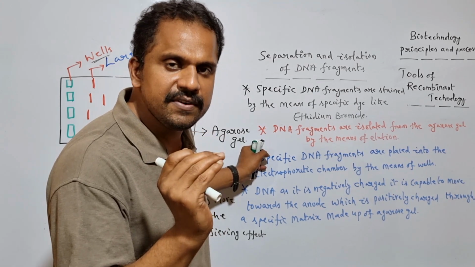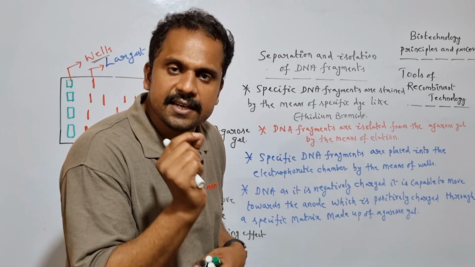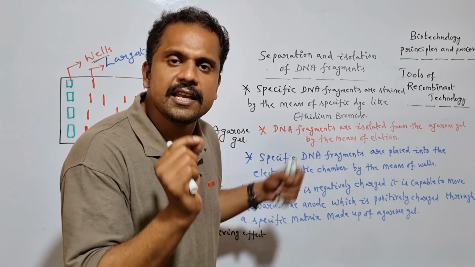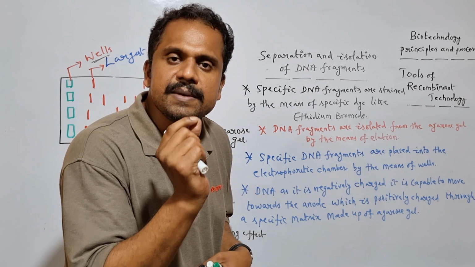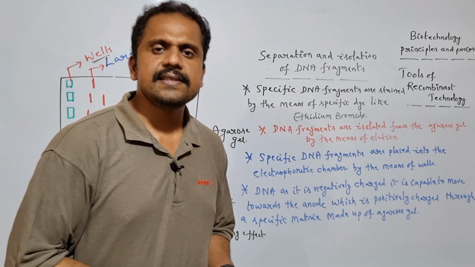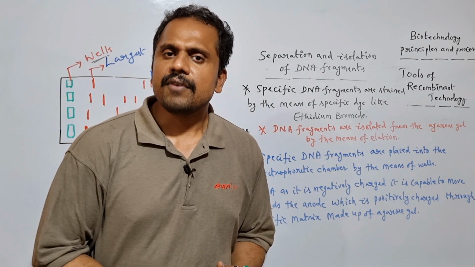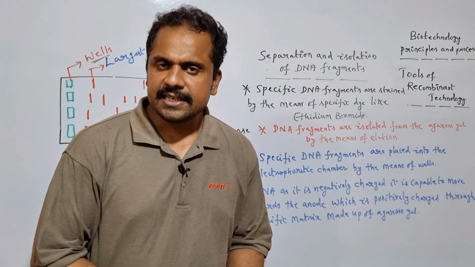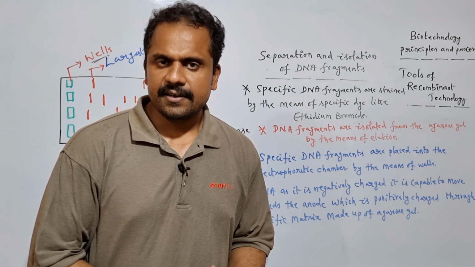DNA ligase is responsible for inducing ligation between the DNA fragment and the native plasmid DNA in order to form recombinant DNA molecules. Is it clear? So this is regarding the tools of recombinant DNA technology from biotechnology principles and processes in detail. And in the next lecture session, we will be studying cloning vectors in detail.